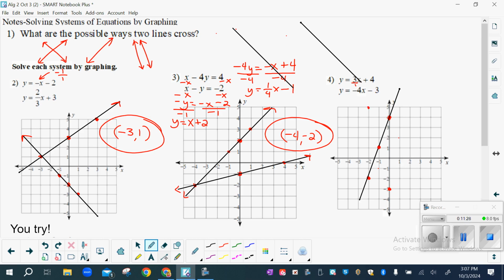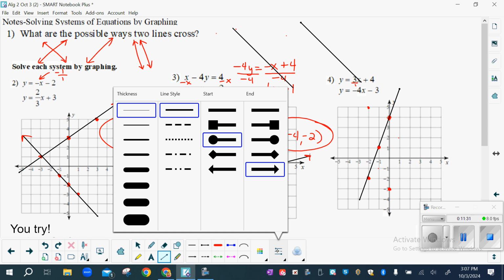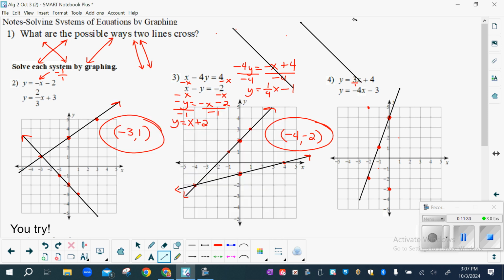And my line looks like this. And what's my solution there? Oh, yeah. -1, 1. Good.